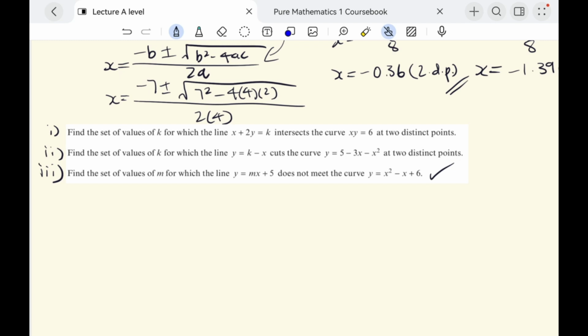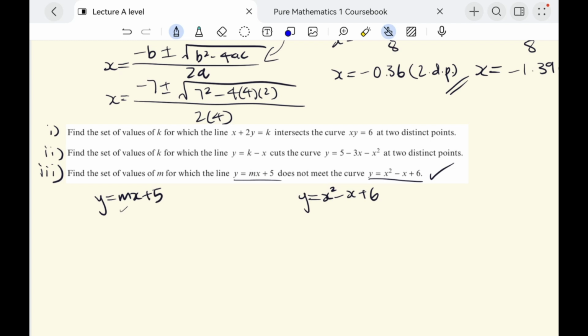So find the set of values of m for which the line y equals mx plus 5 does not meet the curve. So you have y equals mx plus 5. This is a linear equation. Okay, for the given unknown m, x squared minus x plus 6. So you need to solve the simultaneous equations. You need to let y be equal to find the intersections.